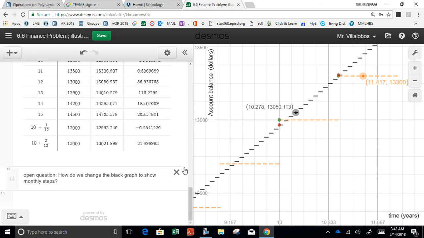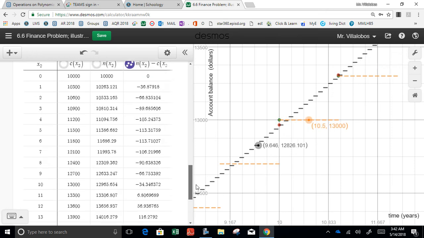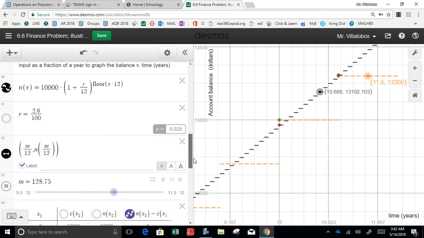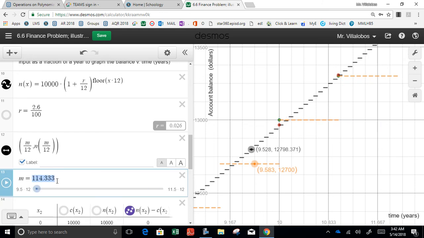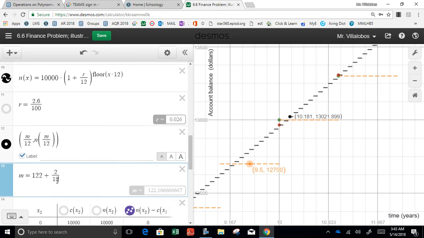And here is exactly what's going on at this point here. Pause that at 12, 2 plus 2/12.